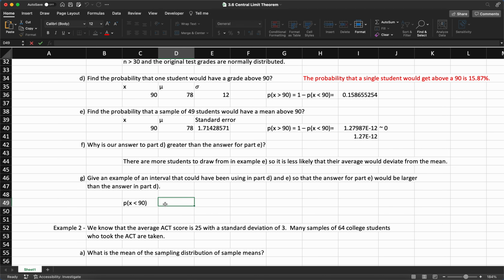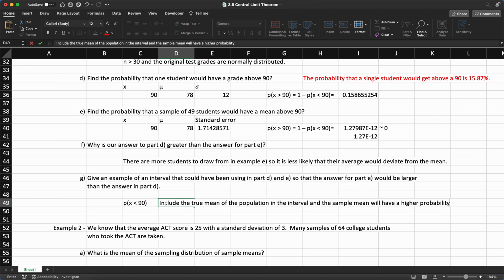So as long as you include the true mean of the population in the interval, the sampling distribution mean, or the sample mean, will have a higher probability than the individual mean.